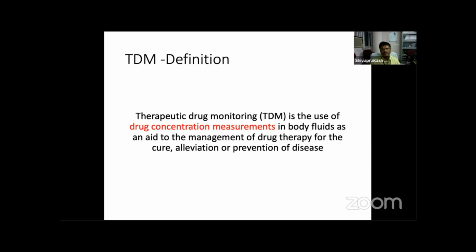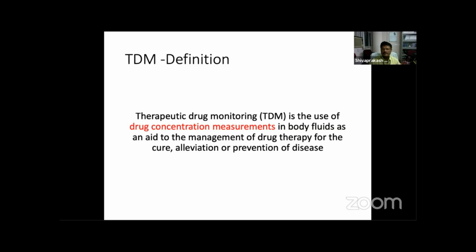It is mainly applied for many toxic drugs used in the treatment of other diseases. By definition, therapeutic drug monitoring is the use of drug concentration measurements in body fluids as an aid to the management of drug therapy for cure, alleviation or prevention of disease.